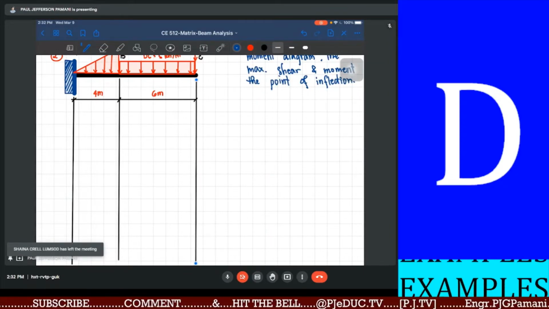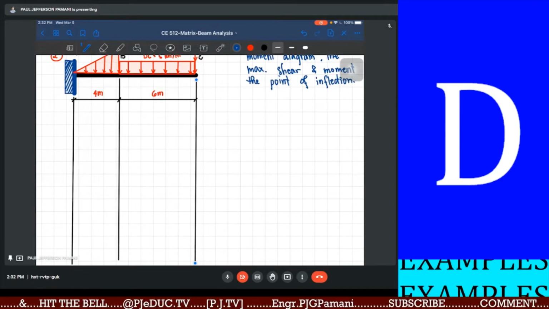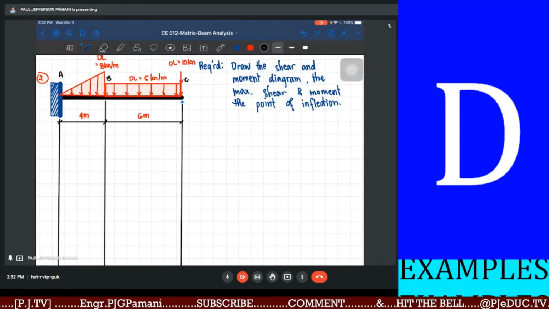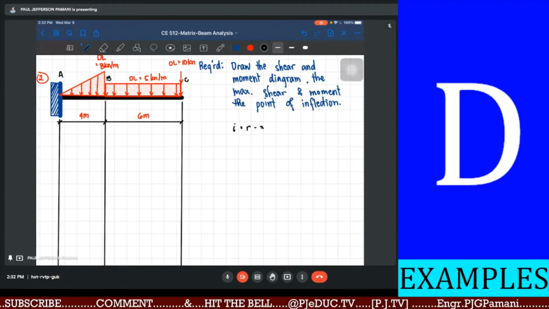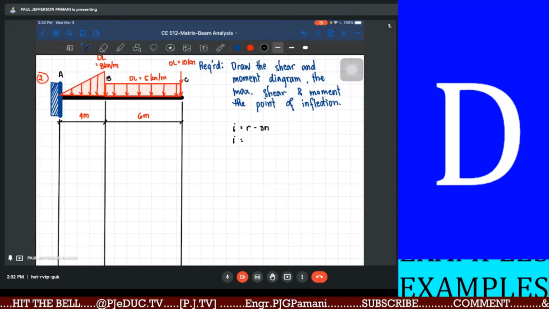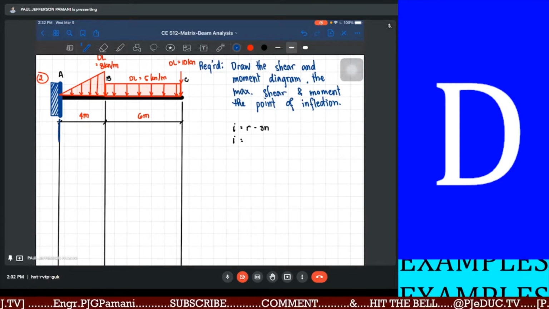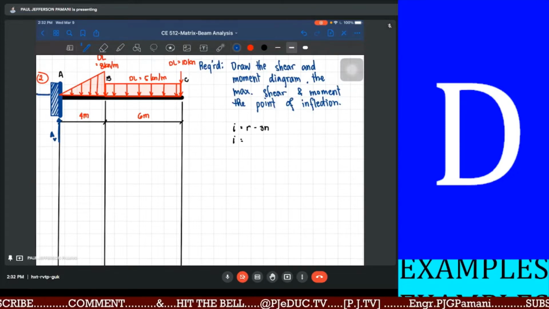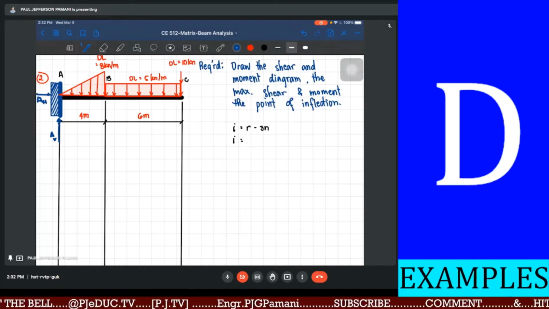So of course, we need first to determine if this particular example is now indeed falls under a statically determinate beam. So how do we determine the degree of determinacy of a beam component? So the number of reaction minus 3 times the number of parts. So how many reaction can we identify here? So of course, there is now vertical reaction at point A, and a horizontal reaction, and lastly, of course, the bending moment.